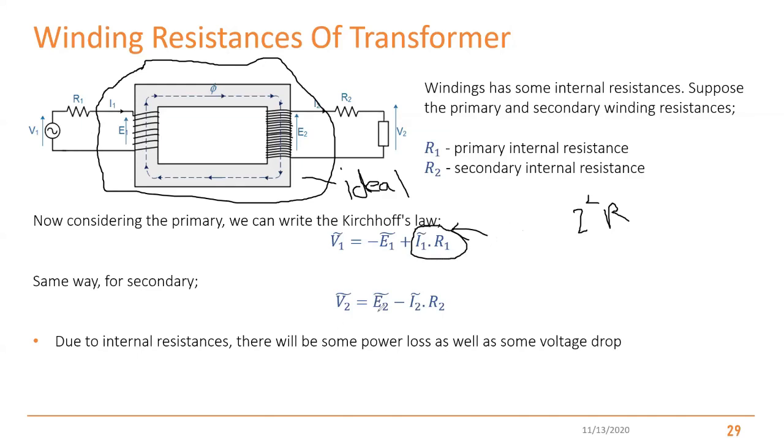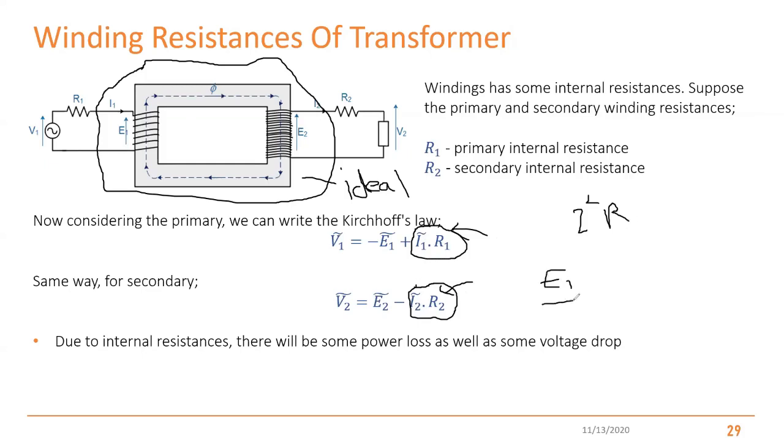Again for the secondary, the load voltage is dropped by this much due to this internal resistor. So when you analyze them, you can consider this internal resistance of the winding as external to our ideal transformer.